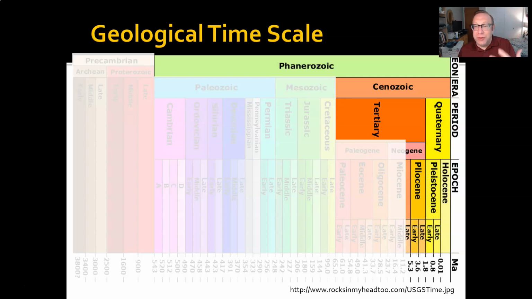We are going to be looking today at both the Tertiary and Quaternary periods. The Tertiary is sometimes divided into the Paleogene and the Neogene. And then really our biggest interest when it comes to human evolution is going to be the late Miocene, the Pliocene, the Pleistocene, and the Holocene.